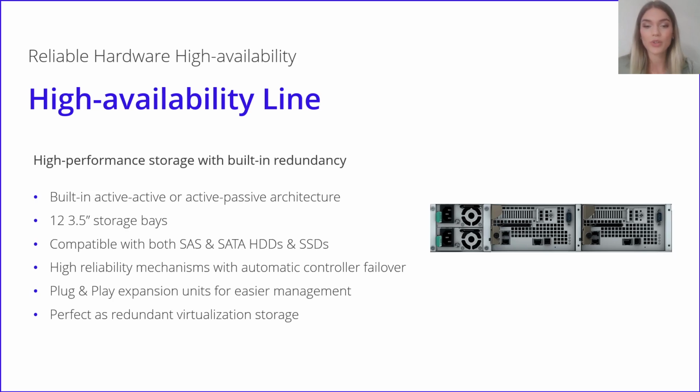What these units are going to do is guarantee the maximum availability of data with automatic controller failover mechanisms. And of course, just like the SA line, there are plug-and-play expansion units for easy installation and management. With these characteristics, these models are perfect to serve as redundant storage for virtualization.